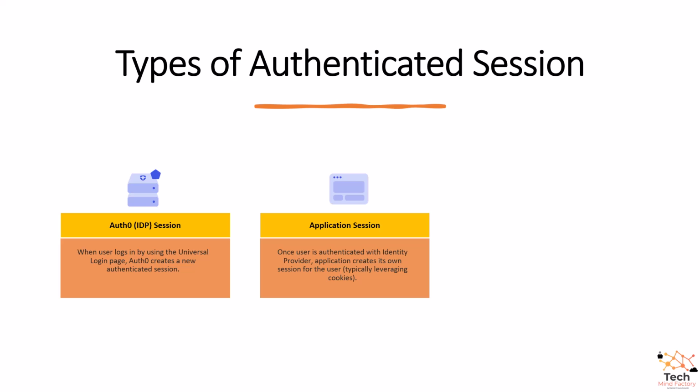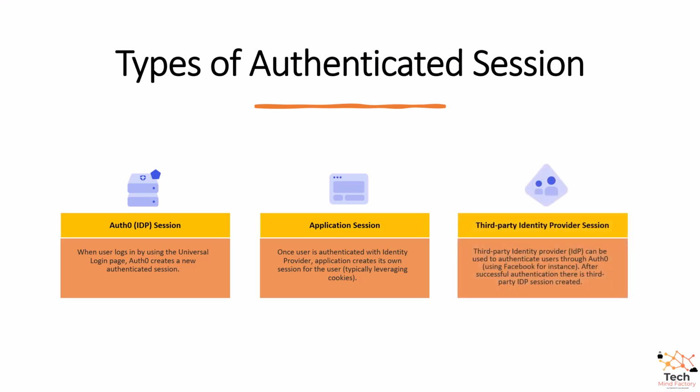So the application establishes its own session with the information about the user. The application doesn't have to make any connection to the identity provider. It just knows that the user is authenticated and has information about the user, so we have an application session established.